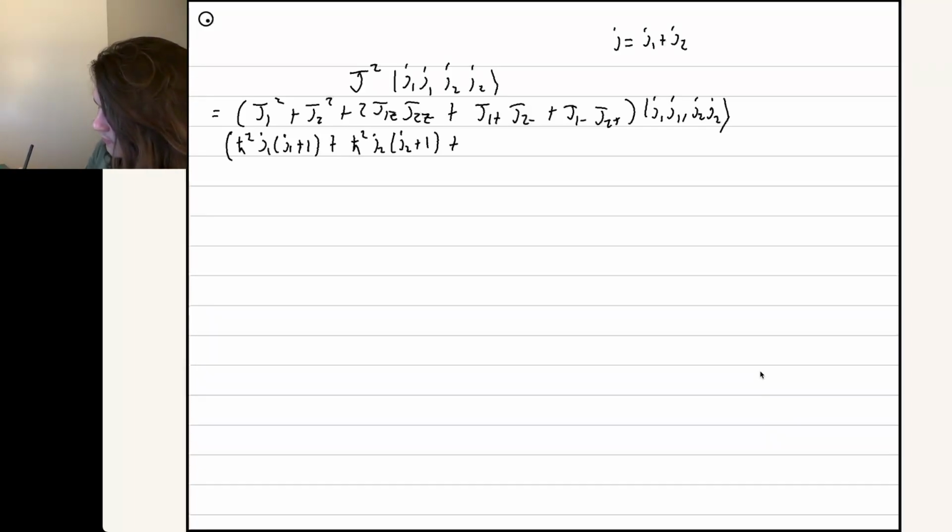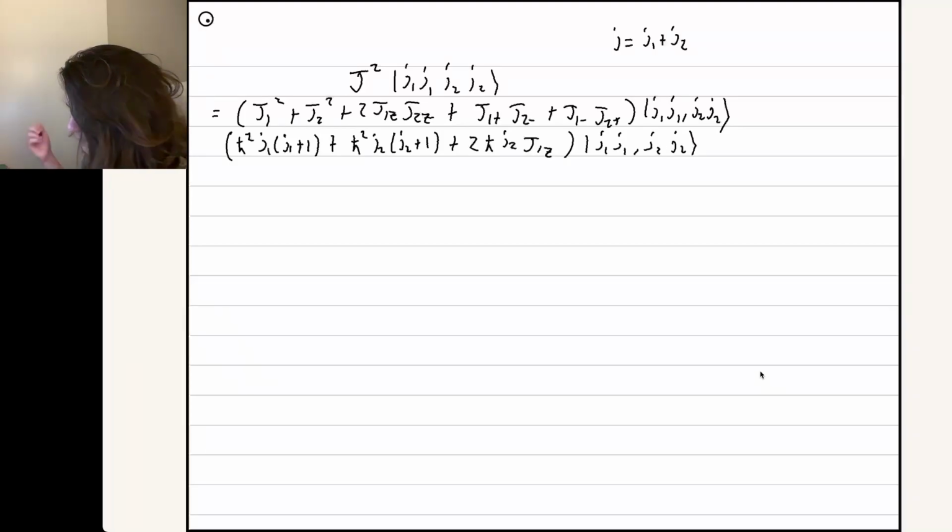The J2z gives H bar J2 because M is equal to J2. Then we still have to operate J1z on it, and that doesn't change the vector, so it's still J1, J1, J2, J2.